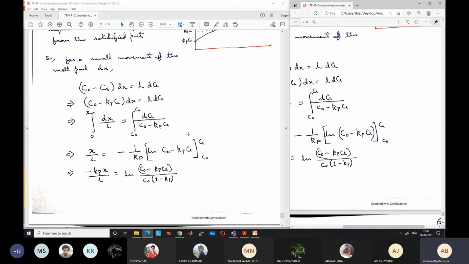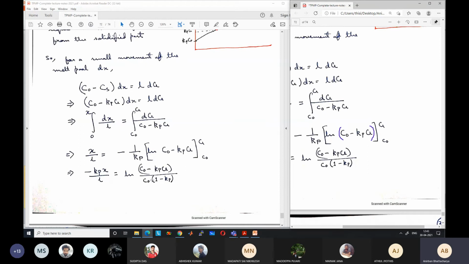So at C0 this is ln of C0 minus KpC0, and at Cl this is ln of C0 minus KpCl. We can rearrange by taking Kp and the negative sign to the other side. So we have minus Kpx by L equal to ln of C0 minus KpCl divided by C0 minus KpC0, which is C0 times 1 minus Kp. Now it's a matter of rearranging.